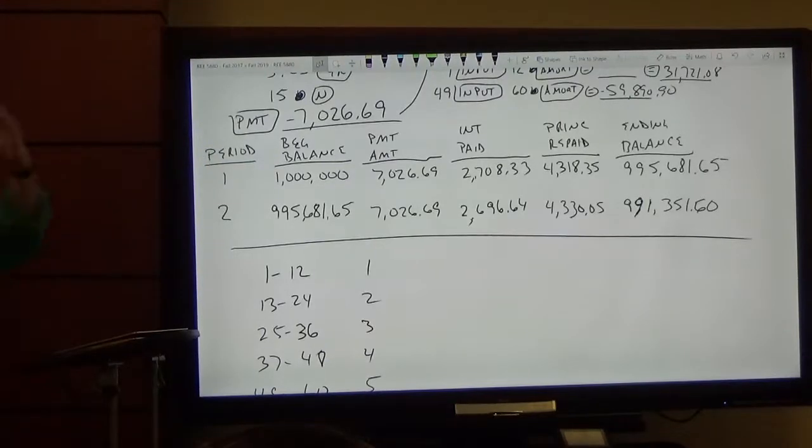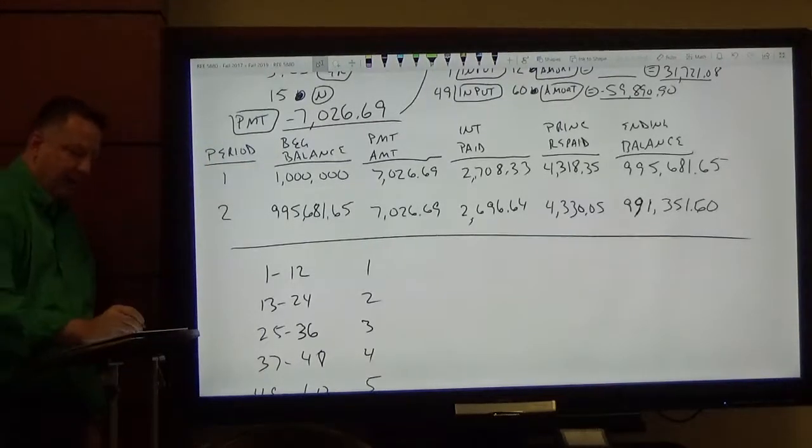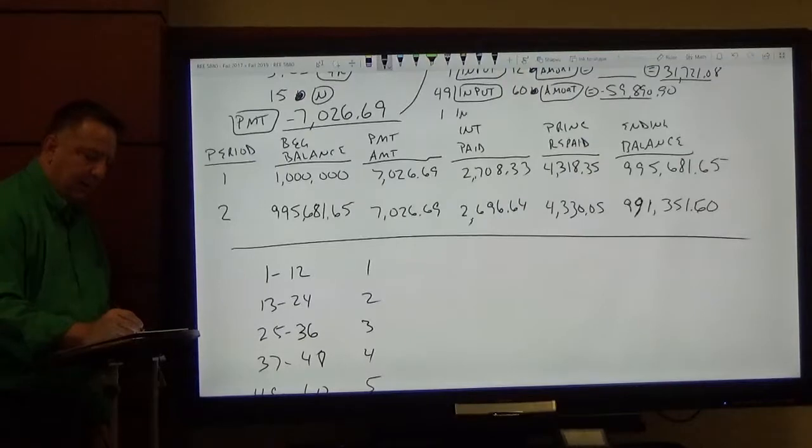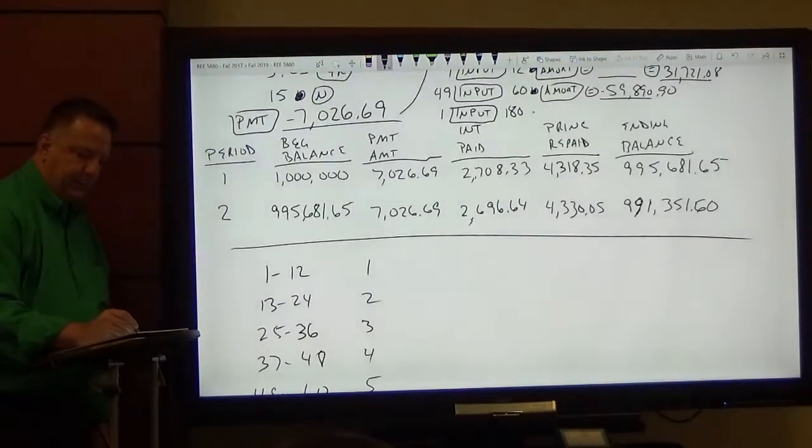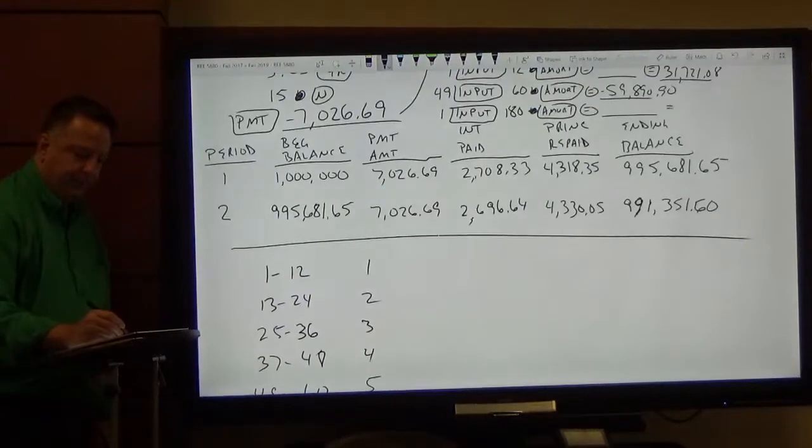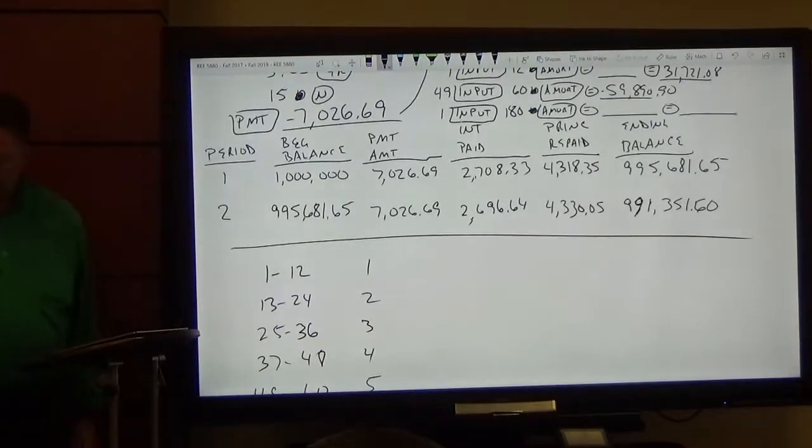So if I want to know the total interest paid over the life of the loan, it's going to be 1 input, 180, shift, amortize, equal.